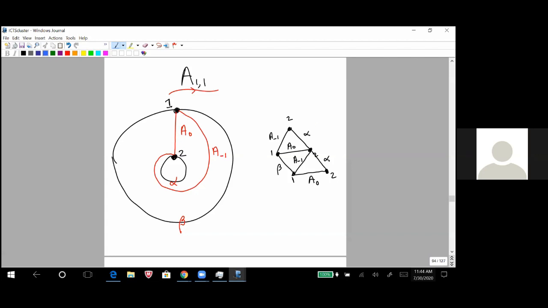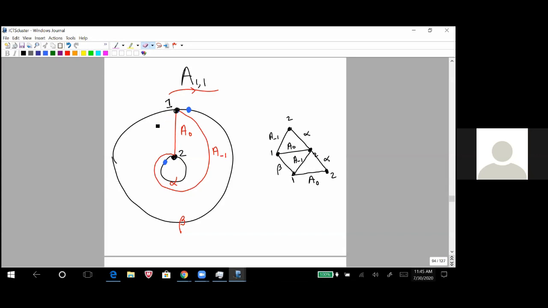So to draw my lamination, I want to draw A0. I want something to go from 1 to 2, but I'm going to shift slightly clockwise from 1 and counterclockwise for 2. Again, those directions are just dictated by the orientation of the surface. Because the surface is oriented like this, at the upper boundary it's pushing the points to the right. At this inside boundary, it's pushing the points to the left.